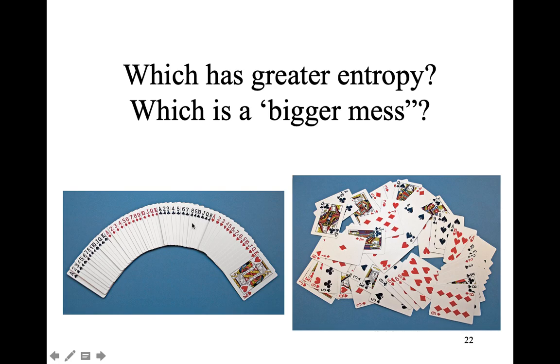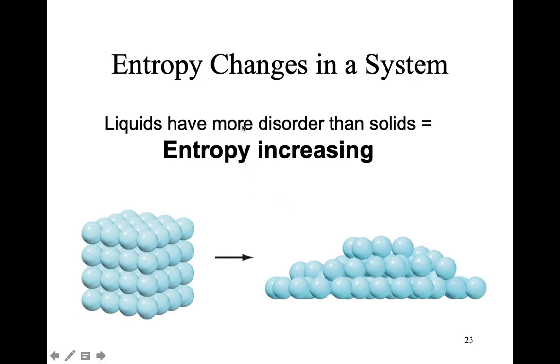No. But these cards can go this way. But, Mr. G, I can make these cards go in order. You could, but you got to put a lot of time and energy, notice the word energy, into it to make it go that way. But just tossing it in the air, you're going to end up with this. Okay, so entropy means the bigger the mess. And that's the way the universe goes. Okay, especially if you're in Texas.